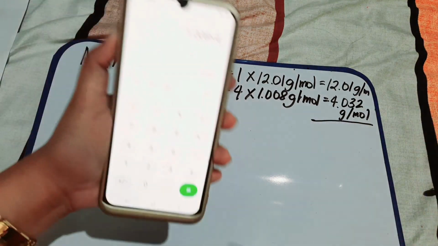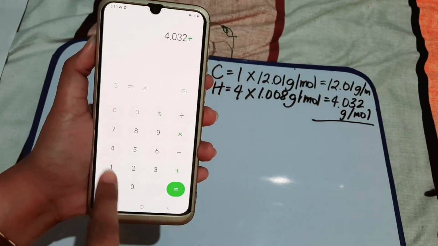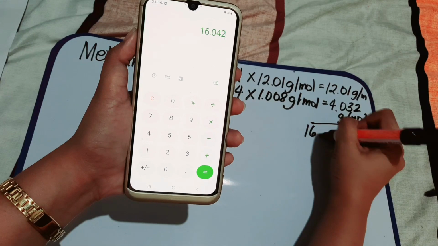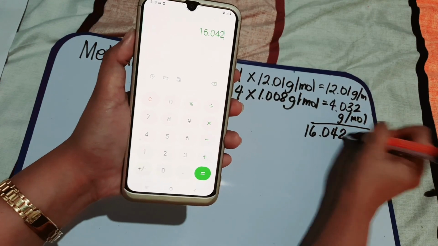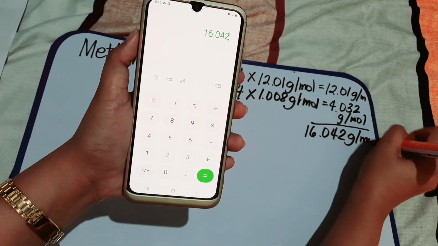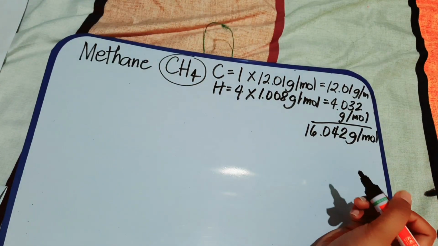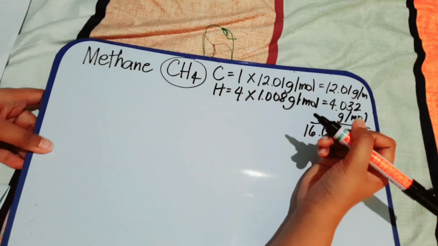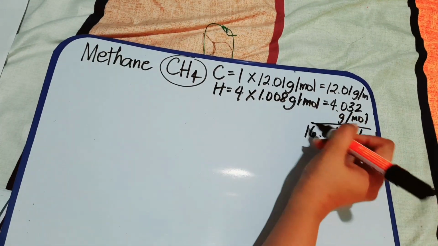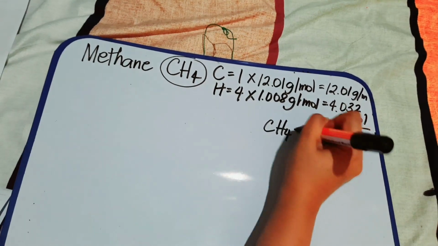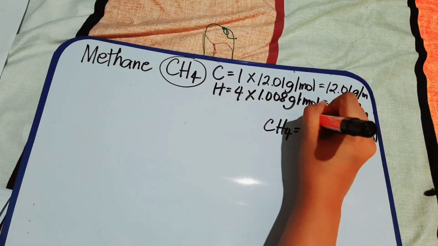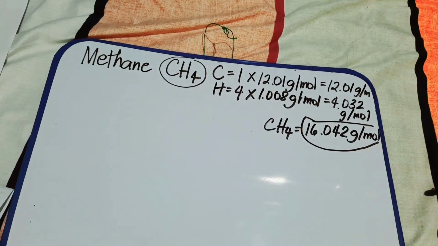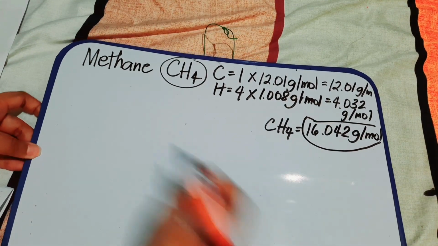And then, kuhanin natin ang kanilang sum. Pag pinagsama natin, that is 16.42 gram per mole. So, ito yung gagamitin nating mass of a compound, which is yung CH4 or yung methane. So, kailangan natin to, gagamitin natin to along the process. So, kailangan natin siyang i-save. Okay.